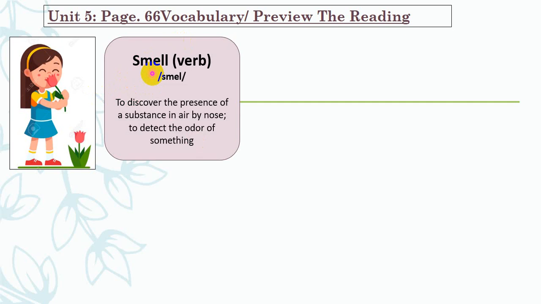Why? Because you look at something, it's your sight, you hear, you touch, you taste, and you smell. So this is one of the senses that you smell by nose, okay? If you want to smell something, you smell by nose. And it's a verb, and it's a one syllable word, smell.